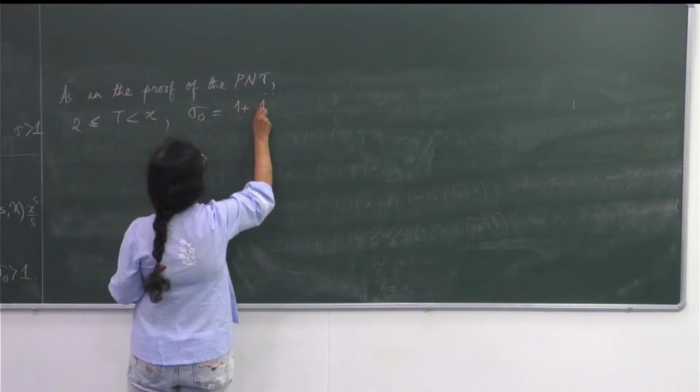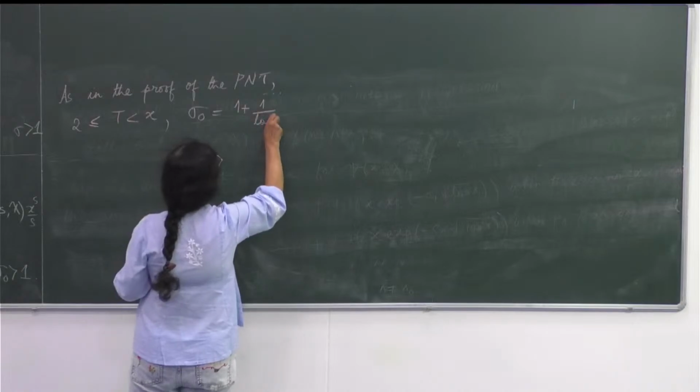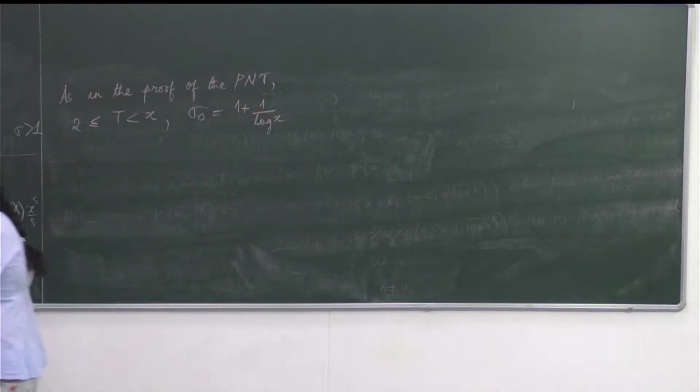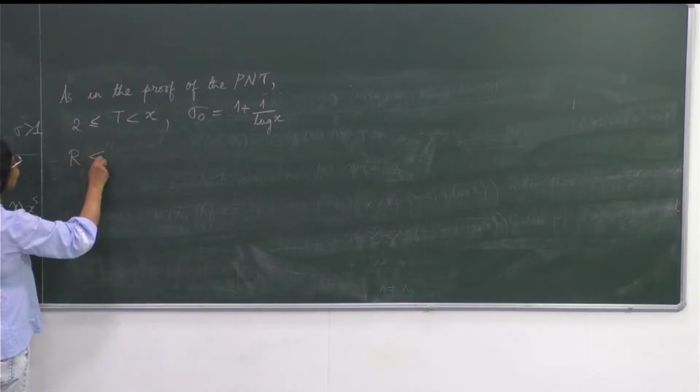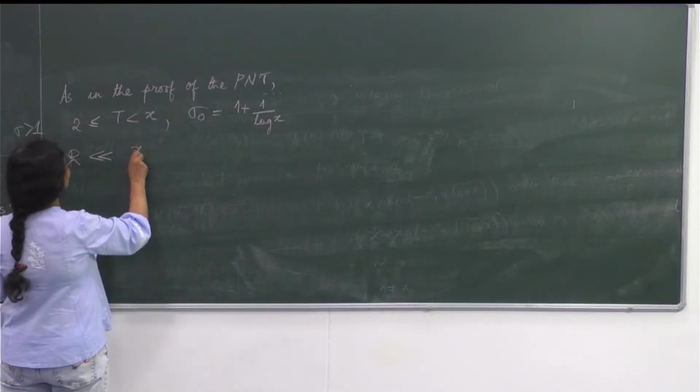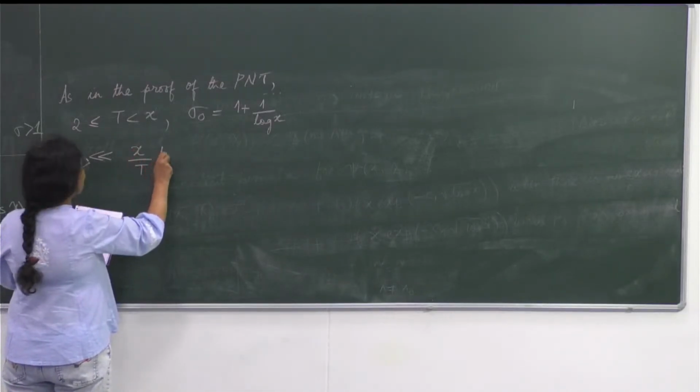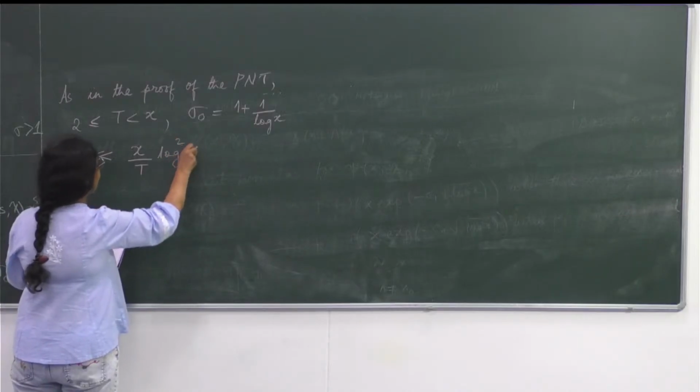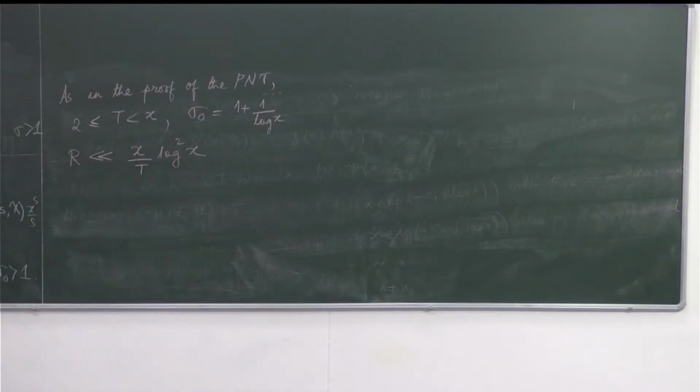So something like a small thing, 1 plus 1 over log x. And this R that I have written here is bounded by x by t log square of x.